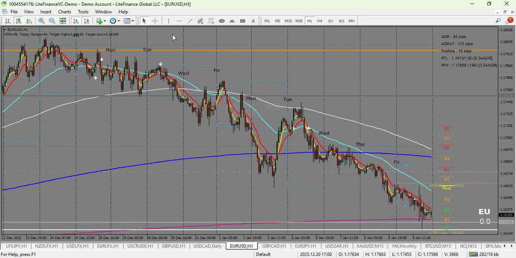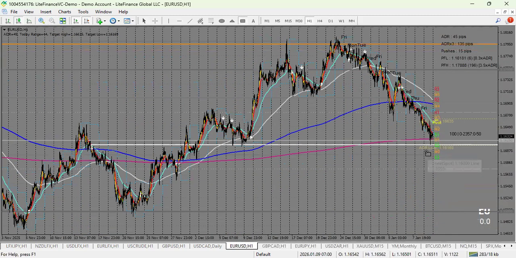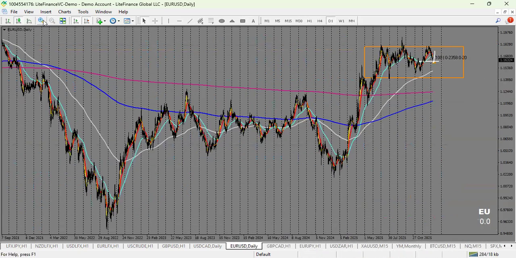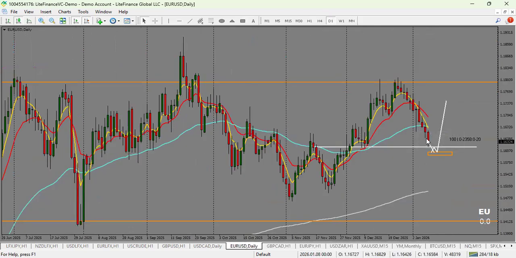The formation of the peak formation low would mean that the market is going up for good, because the market structure is still bullish. We should also expect price to spend some time here before going up to form a good support. So that is on Euro USD.